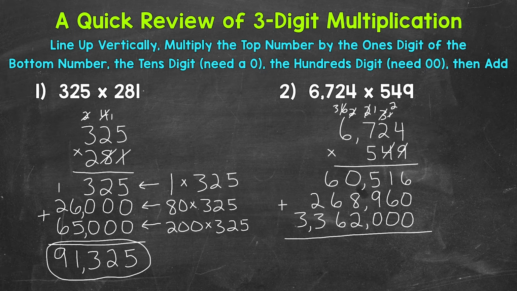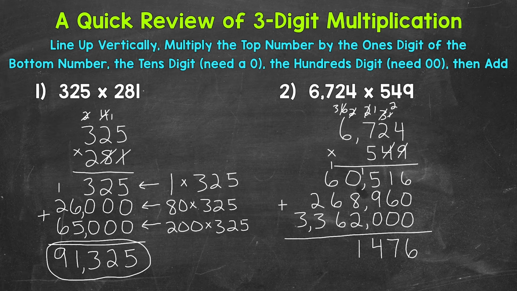Start with the ones place, so 6 plus 0 gives us 6. 1 plus 6 is 7. 5 plus 9 is 14. Carry the 1. 1 plus 0 is 1. Plus 8 is 9. Plus 2 is 11. Carry the 1. 1 plus 6 is 7. Plus 6 is 13.